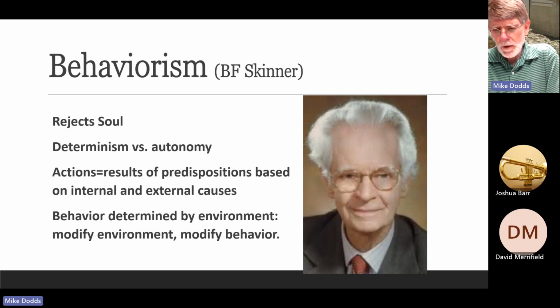That's really what I'm trying to describe. Total depravity is not a category for him. It's rather learned, experienced, preconditioned behavior. Behavior is determined by the environment. Modify the environment, and you're going to be able to modify behavior. So he was a behaviorist.